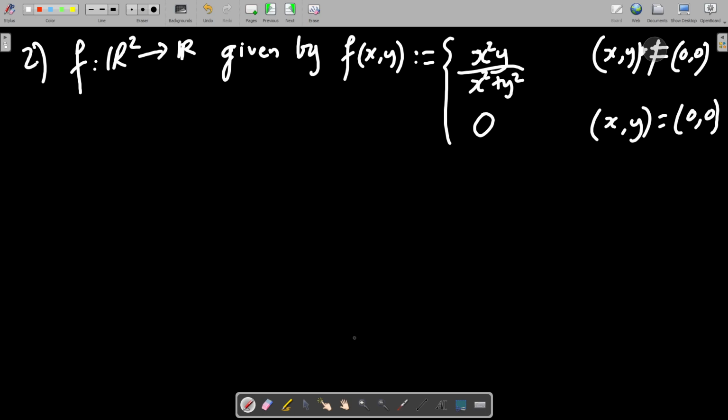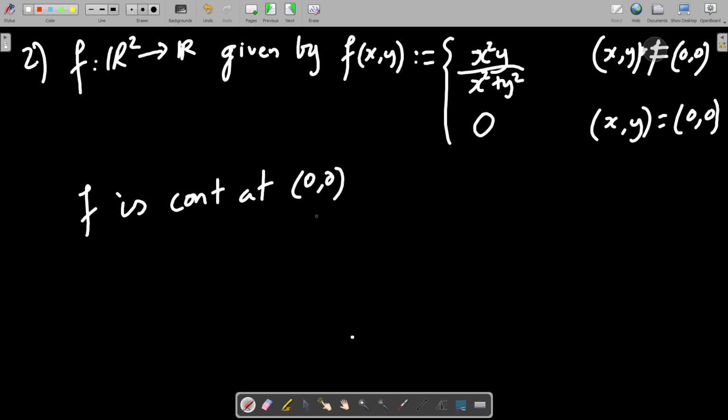So this function f is continuous at (0,0).